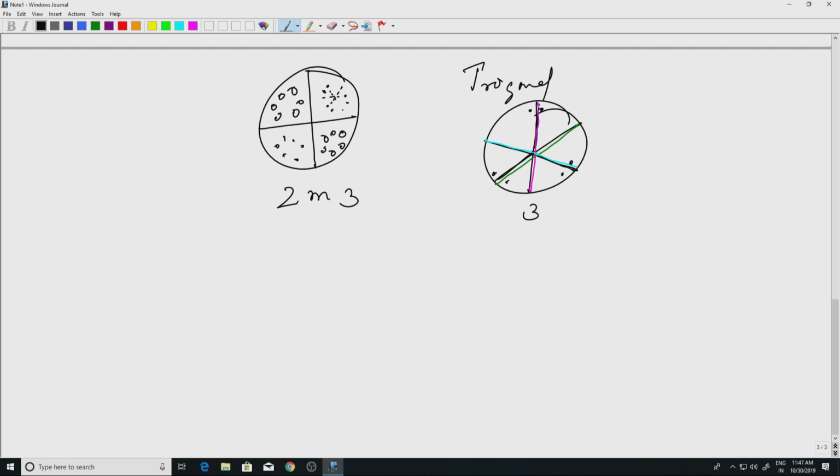Now the next one is 4 bar 3m. Now we know this is 3m. That is here, m 3.